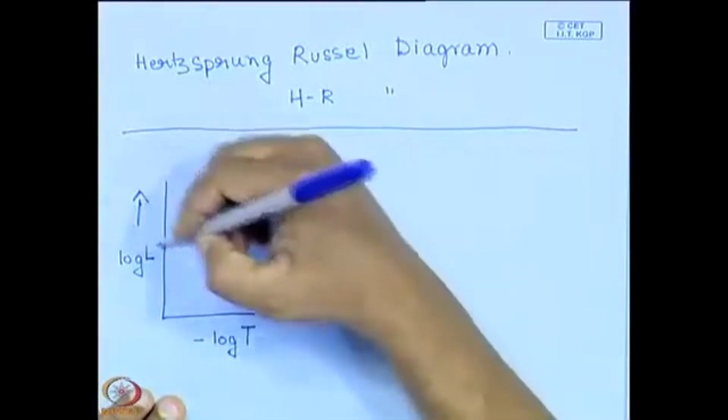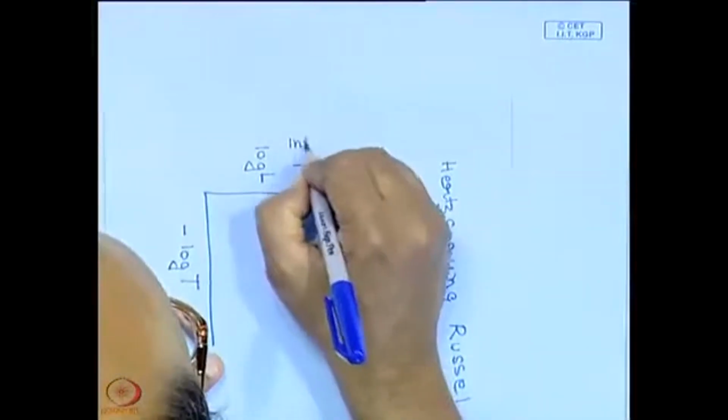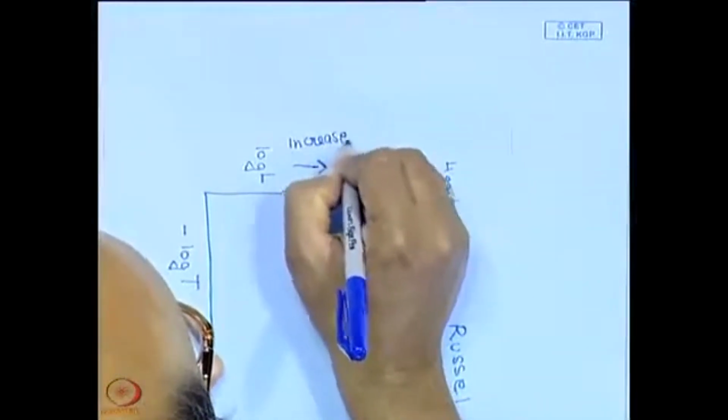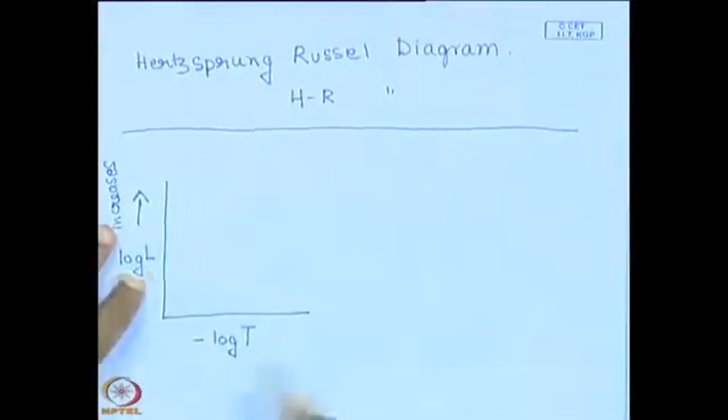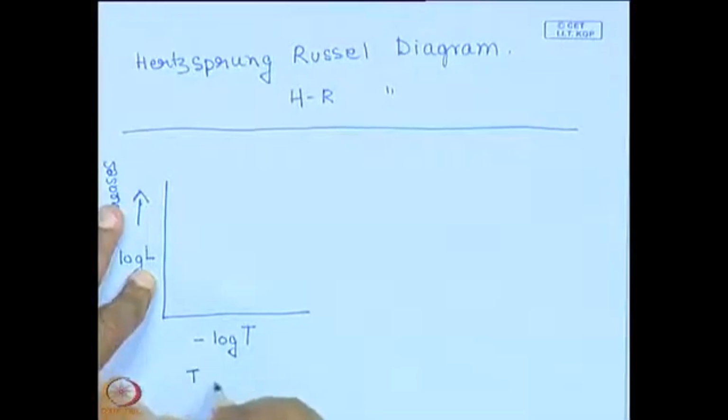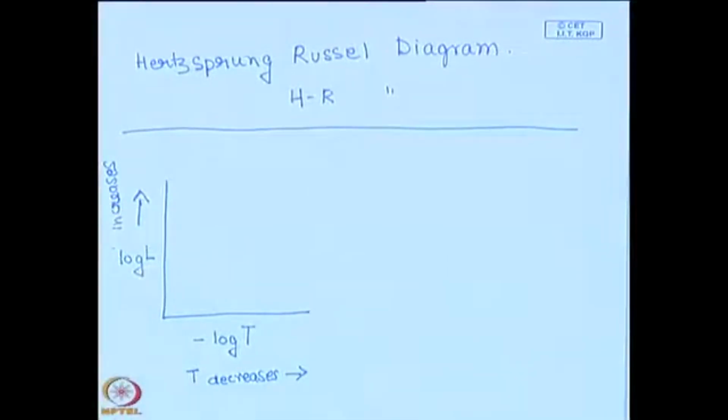The luminosity, let me just put it here, increases this way, the L increases in this direction, T decreases in this direction, because it is minus log T which is plotted.